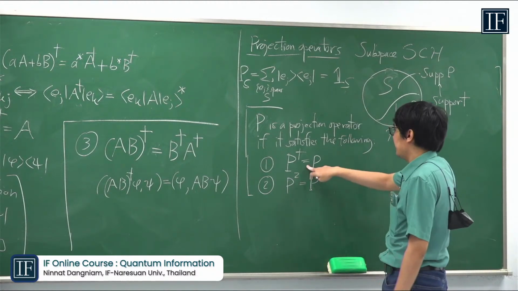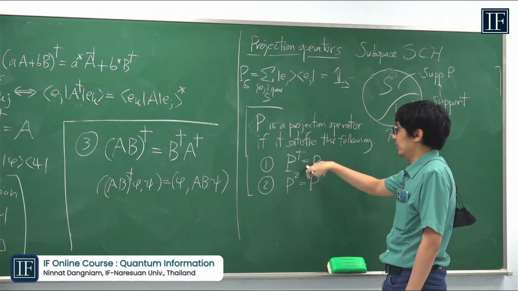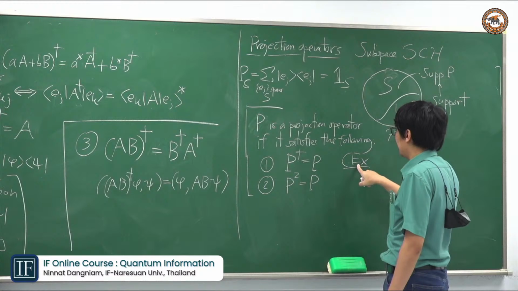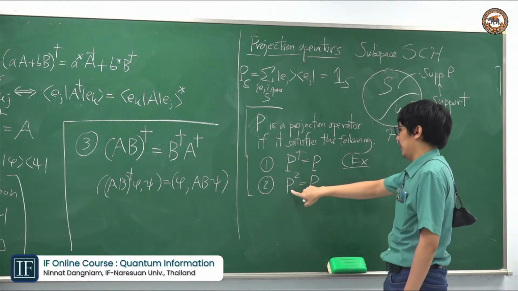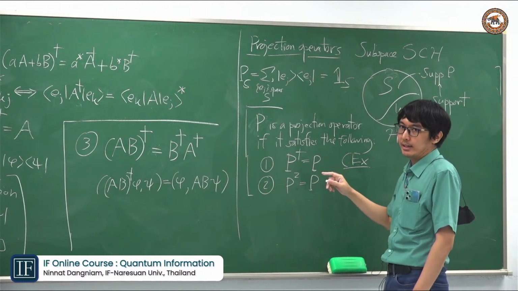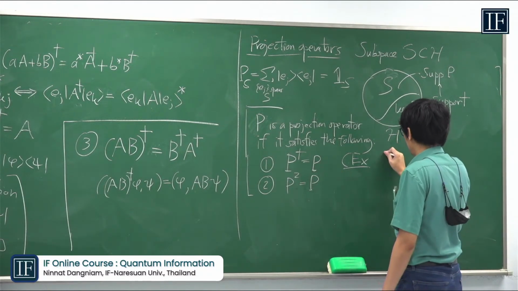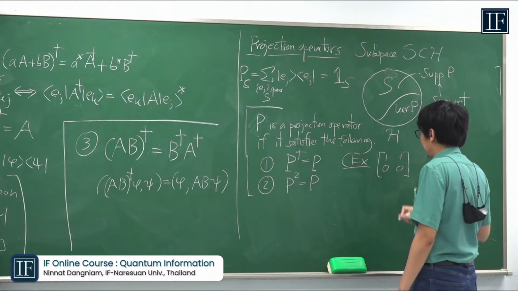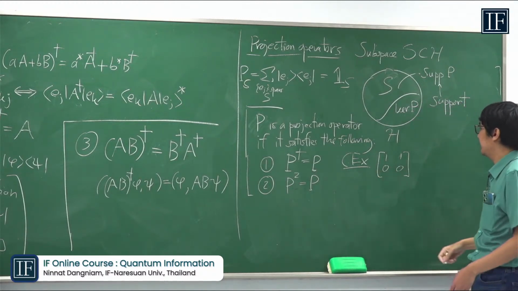What might not be so obvious is the first, and this is just to prevent, for example, some counterexample of an operator that satisfies the second property but not the first one, and it is not a projector. For example, one that I remember from the top of my head is something like this, and you can check if this is true or not.